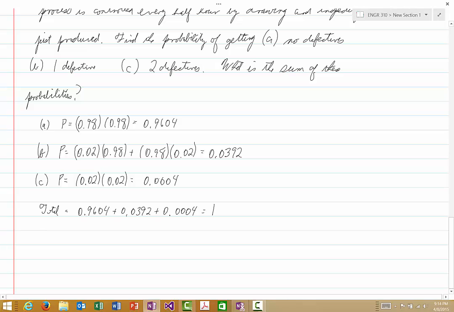Now, I hinted before that I hope that you would be able to find that total or know the total even before you calculated these individual probabilities. Now, why did I suspect that? Well, it's because no defectives or one defective or two defectives, those are the only possibilities. Those are the only things that can happen if you pick two spark plugs.